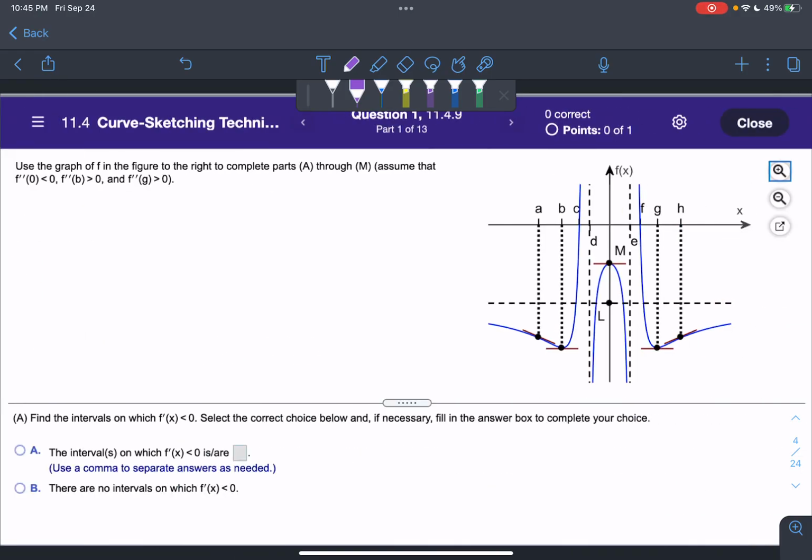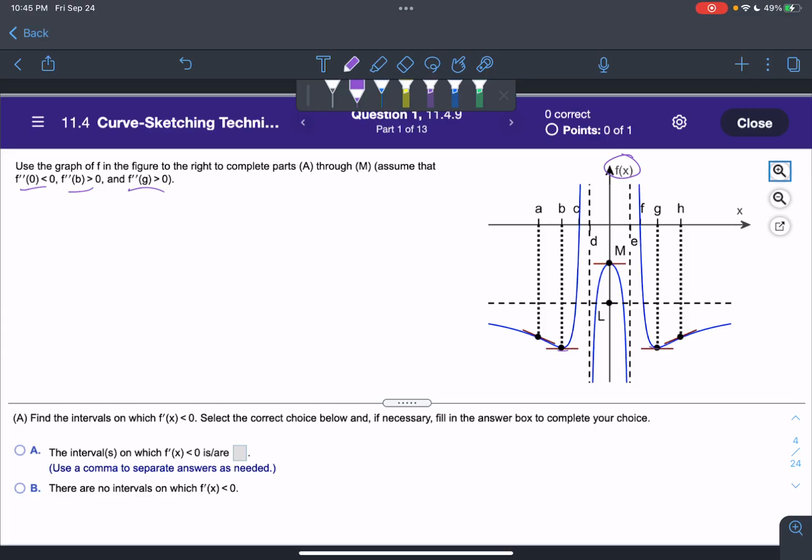Okay, so we have the graph of f here, and we have quite a lot of parts, but I also had these assumptions that the second derivative at 0 is negative, the second derivative at b is positive, and the second derivative at g is positive.